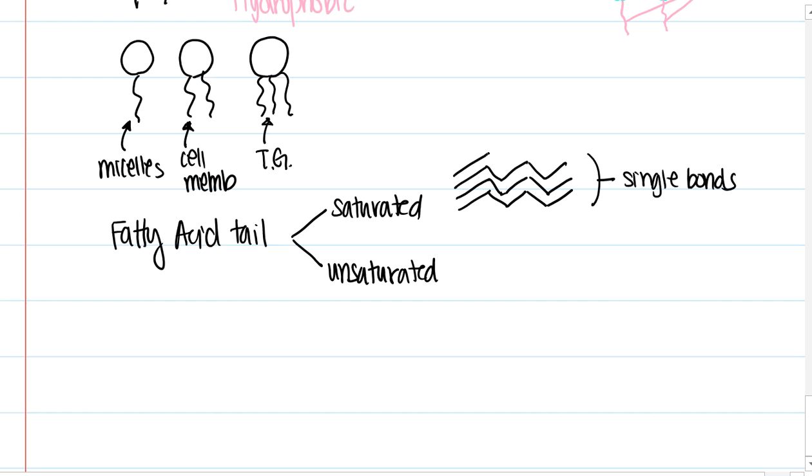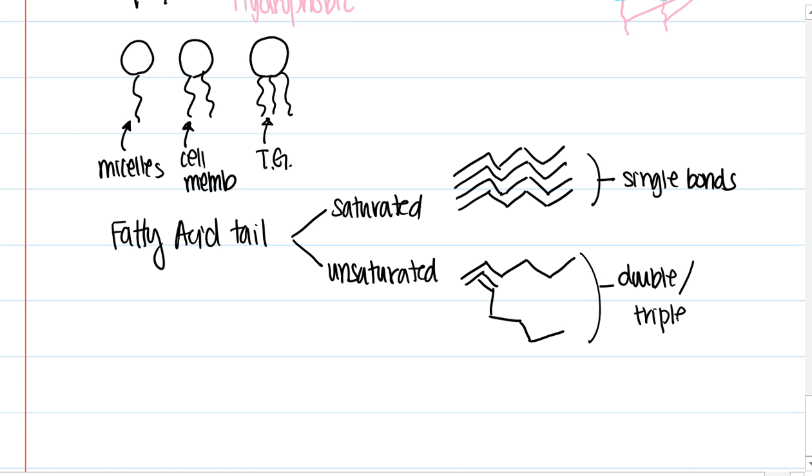And if you look at them, they're so tightly packed with each other that it's like, it's so fatty, right? But in the unsaturated version, there's going to be some type of double bond. You can have either a double bond or even a triple bond, but most of the time, it's going to be a double bond.